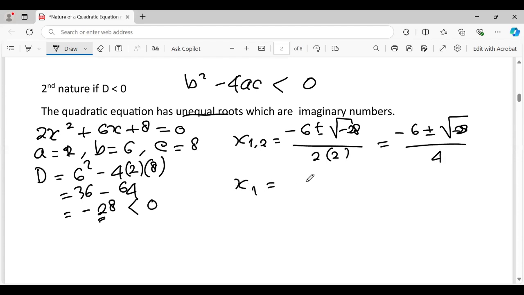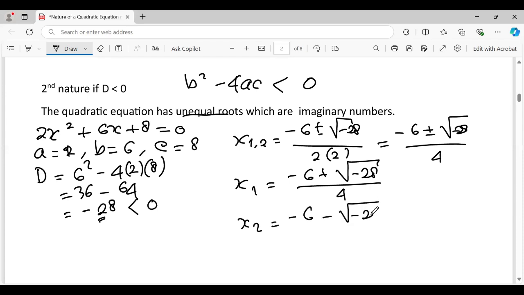So x1 equals minus 6 plus square root of minus 28 over 4. And x2 equals minus 6 minus square root of minus 28 over 4. The square root of minus 28 is an imaginary number.